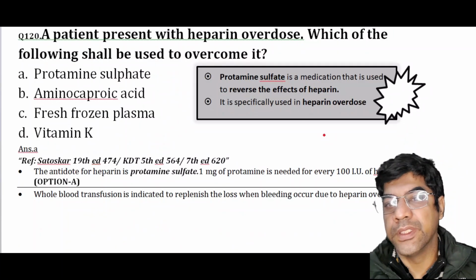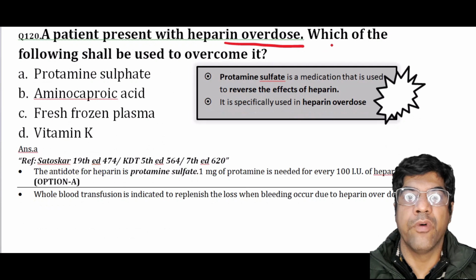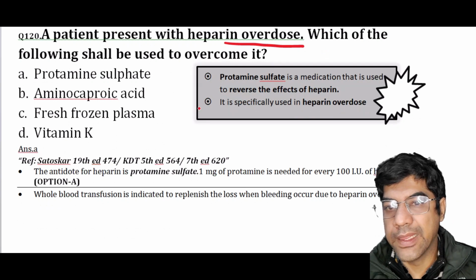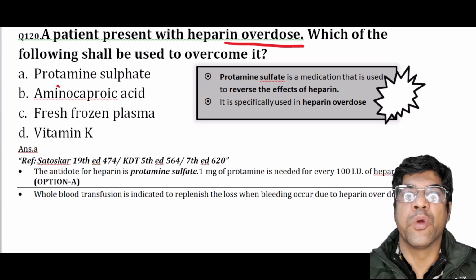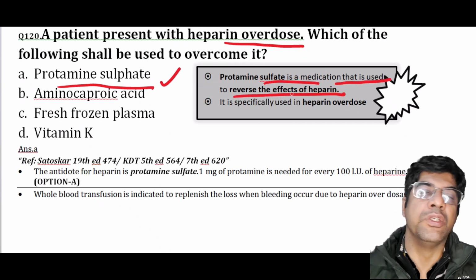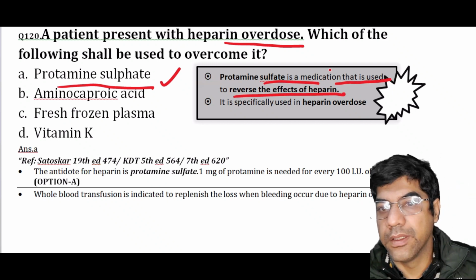Coming to the next question: a patient presented with heparin overdose. Which of the following shall be used to overcome it? Well, the antidote for heparin overdose is protamine sulfate. Protamine sulfate is a medication used to reverse the effect of heparin.